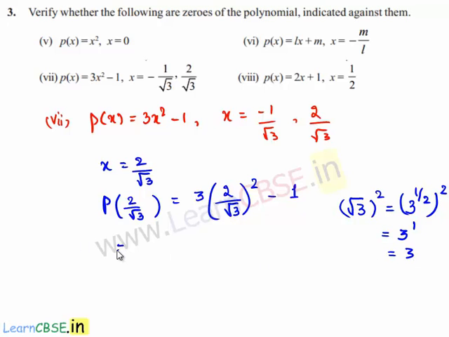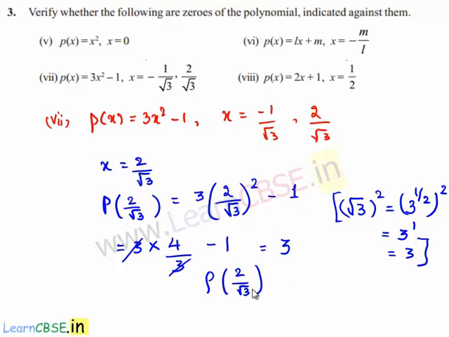This is equal to 3 times 2 square is 4, and we can see root 3 square is 3 minus 1. 3 and 3 gets cancelled and this becomes 4 minus 1, which is 3. Therefore, I can say that p of 2 by root 3 is equal to 3, which is not equal to 0.